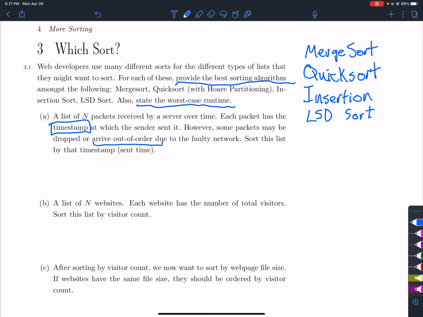So let's go through all of these. For merge sort, quick sort and LSD sort, something we're not really looking at is the fact that most of the list is probably sorted already. So whenever you hear that most of the list is probably sorted already, you want to say insertion sort.